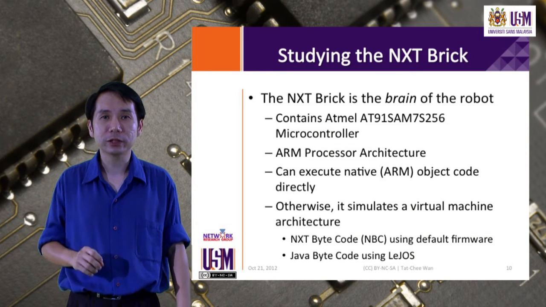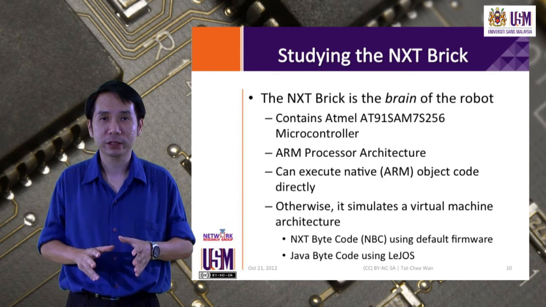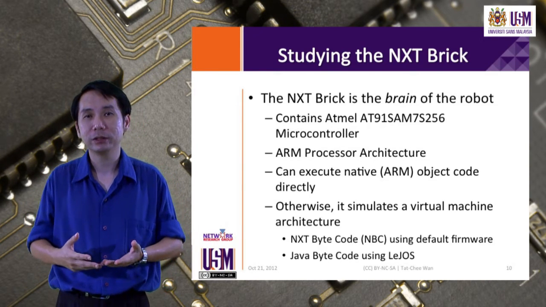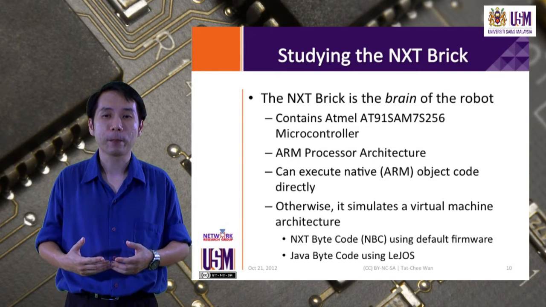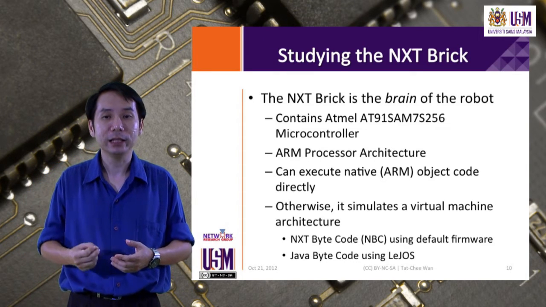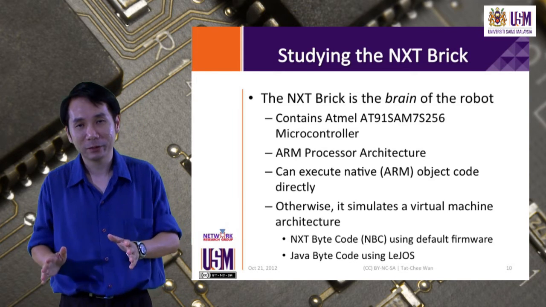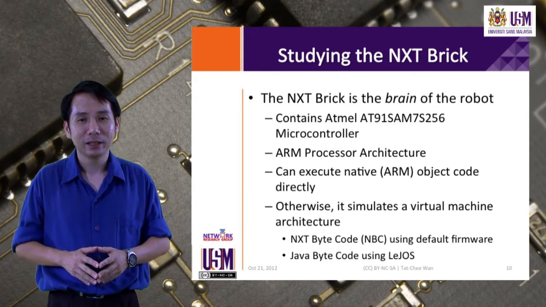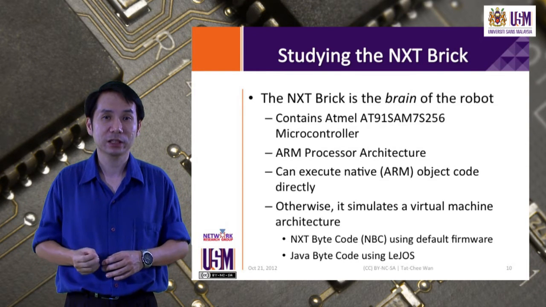Of course, we will focus our attention more on the NXT brick because this is where you spend most of the time when we are learning about the processor and other issues of programming. The NXT brick is the brain of the robot. It contains the Atmel AT91 SAM7S256 microcontroller. Don't worry about what the acronym means. But basically what it tells us is that it contains an ARM processor.